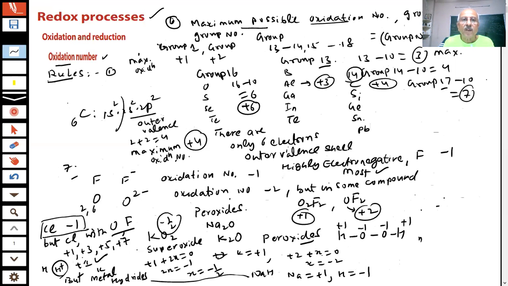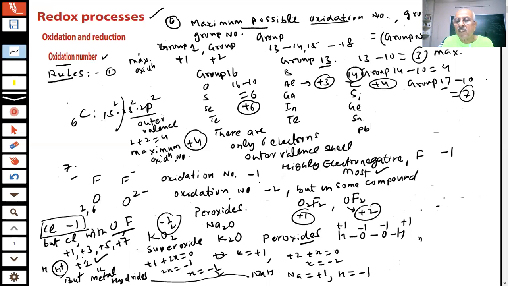So here, what we have been teaching you is how to assign oxidation number to the elements by using the rules which we have told you. Maximum oxidation number for group 1 is +1. Maximum oxidation number for group 2 is +2, students.